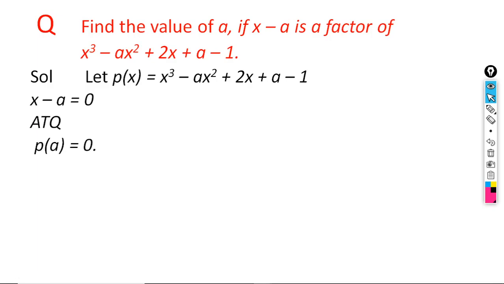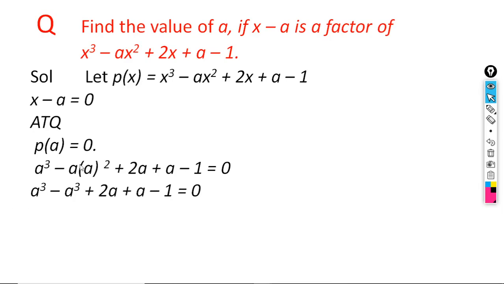And p of a equals 0, because when we substitute x minus a equal to 0, x comes to be a. P of a is 0. Substituting the value, you get a cube minus a into a square plus 2a plus a minus 1 equal to 0. This a cube, a into a square, becomes a cube plus 2a plus a minus 1 equal to 0.